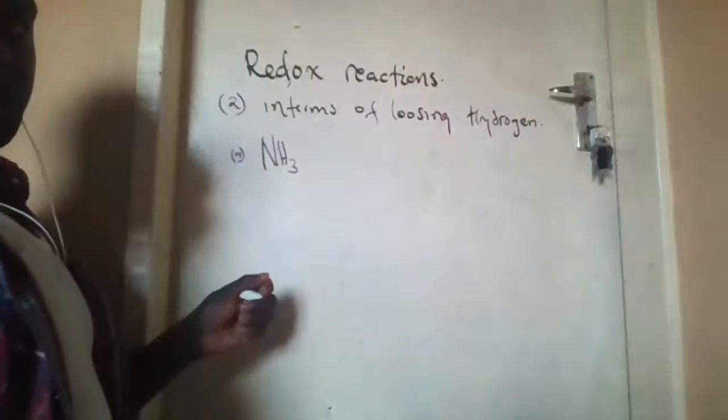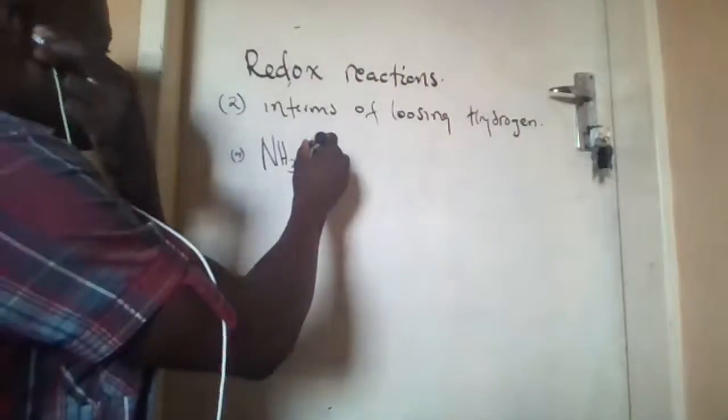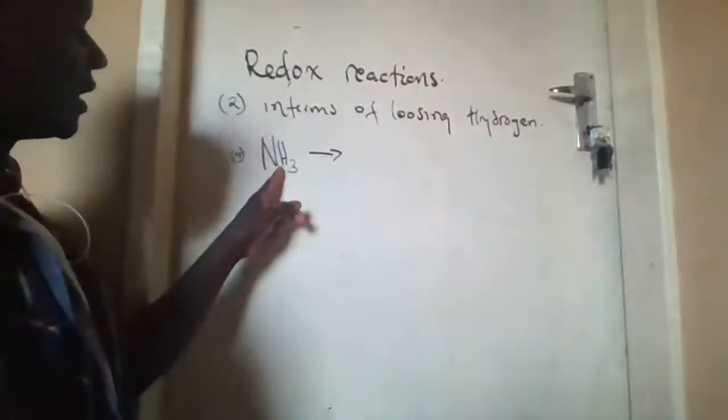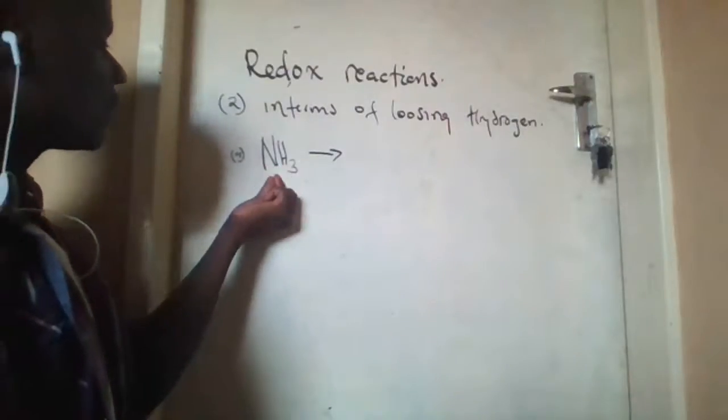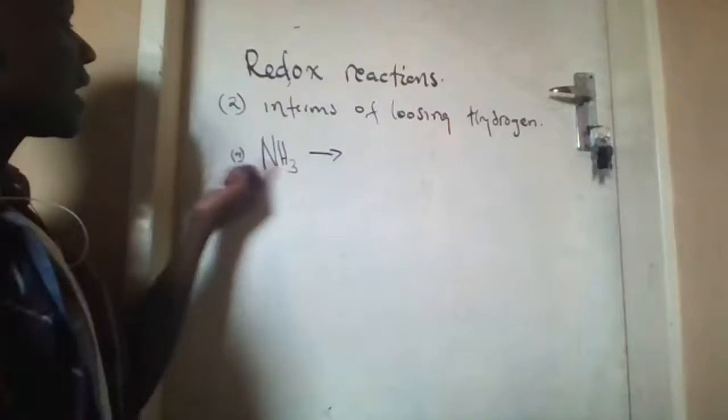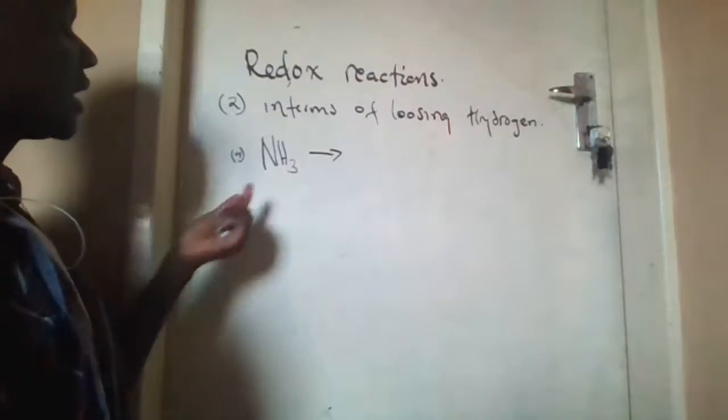This NH3 is ammonia. Now, during the reaction, what happens is that these hydrogens which are on ammonia will be lost, leaving the nitrogen remaining alone.